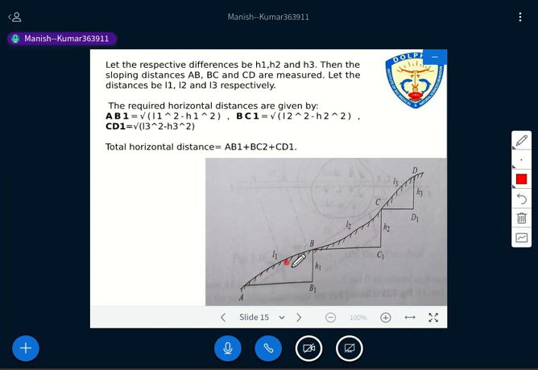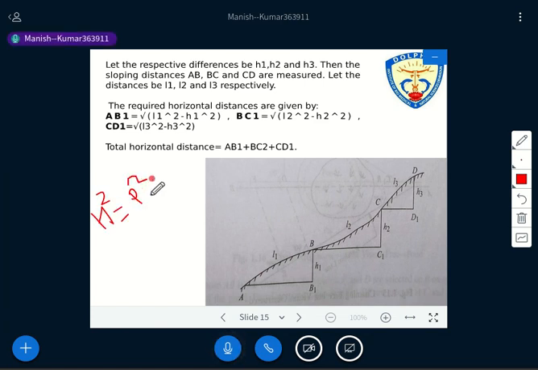When we have the difference, again you can use the same trigonometrical formula, Pythagoras formula. People already know what the Pythagoras formula suggests: hypotenuse equal to under root, or you can write h square equal to P square plus B square.